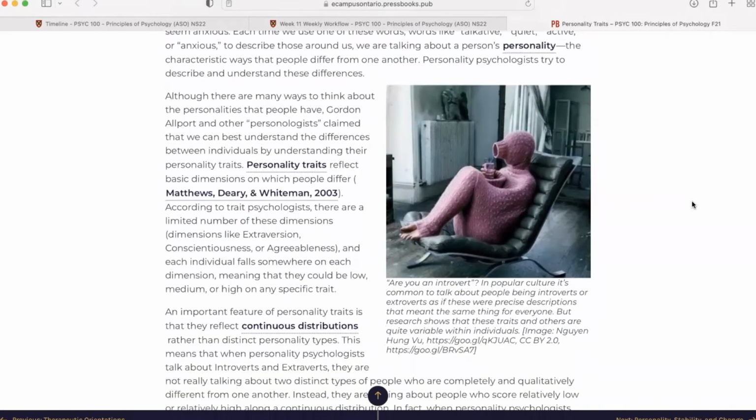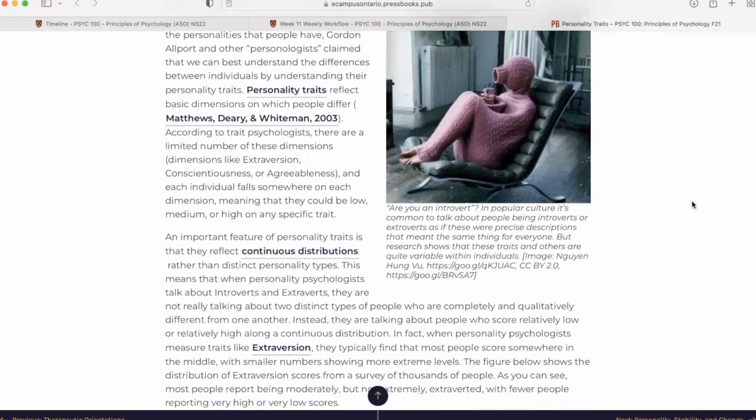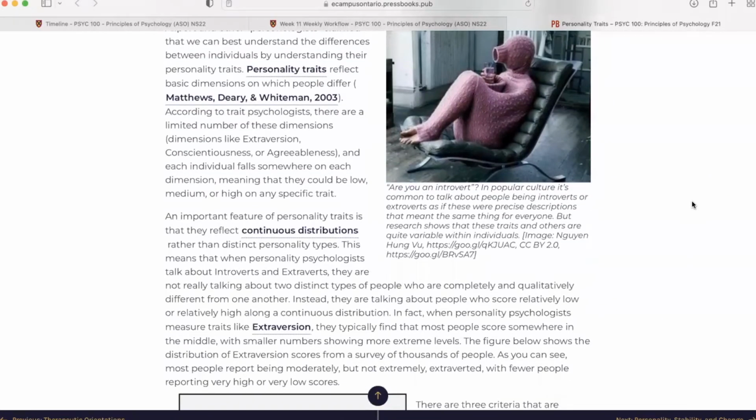Personality traits reflect basic dimensions on which people differ. According to trait psychologists, there are a limited number of these dimensions like extraversion, conscientiousness, or agreeableness, and each individual falls somewhere on each dimension, meaning that they could be low, medium, or high on any specific trait.